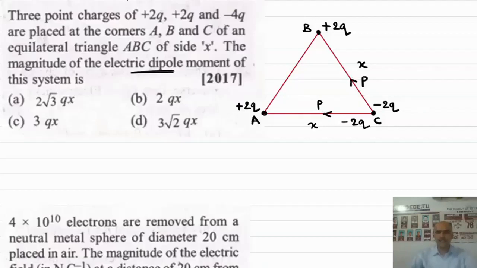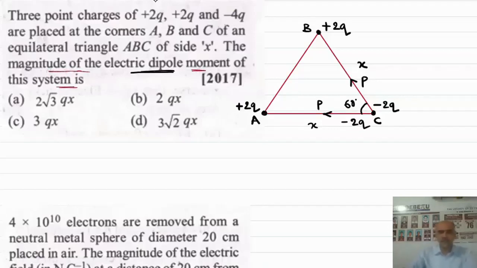As it is an equilateral triangle, this angle is 60 degree. This angle is 60. So here he gives another hint. Now you are required to find the magnitude of electric dipole moment of the system.